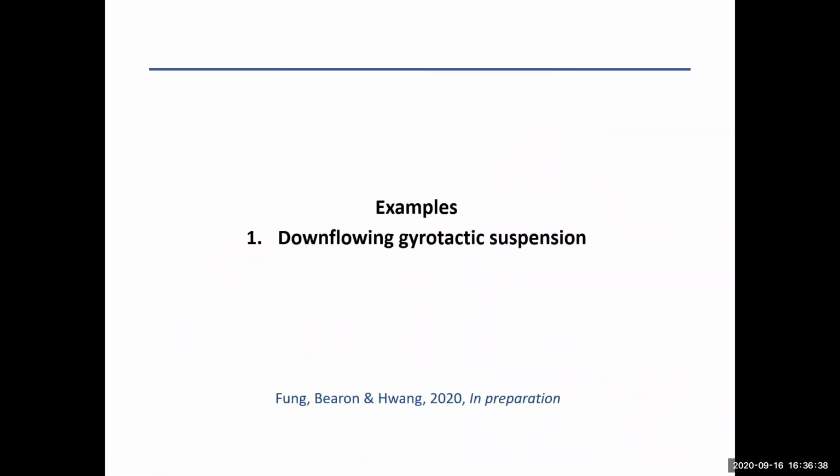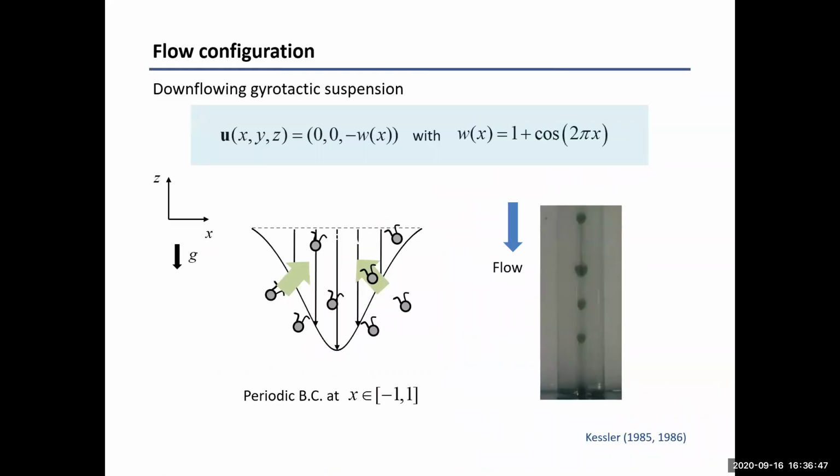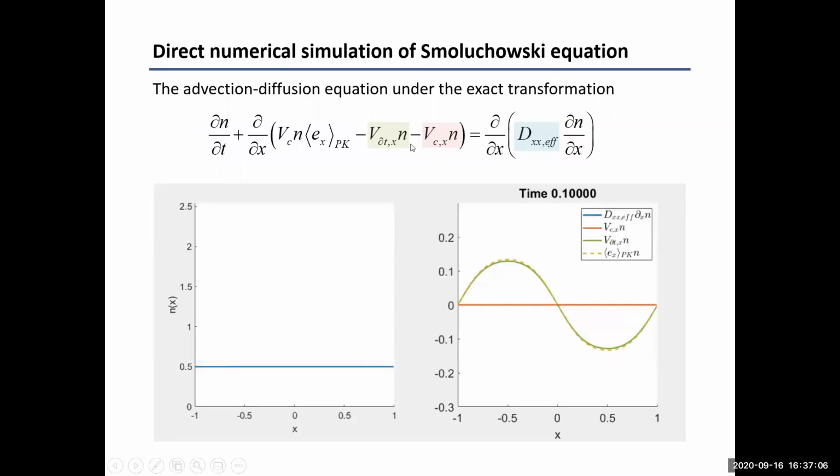So let me now give you two examples to demonstrate the capability of this new model. This is the first example. We are going to consider the downflow here, but it is periodic in the x direction and given by this. Then we are going to put lots of swimmers there, and we first simulate the full Smoluchowski equation.